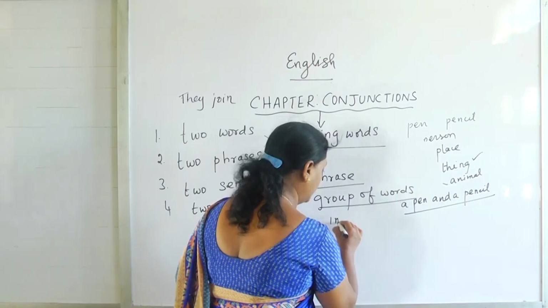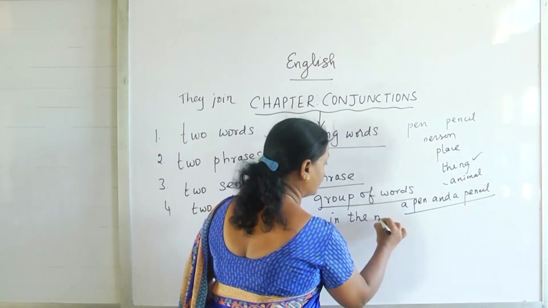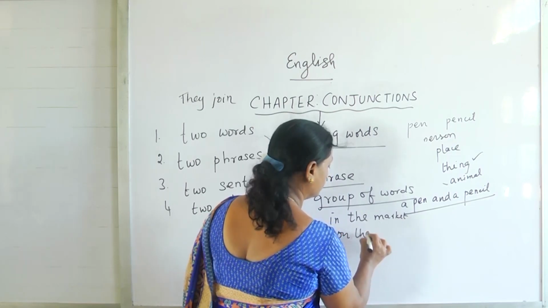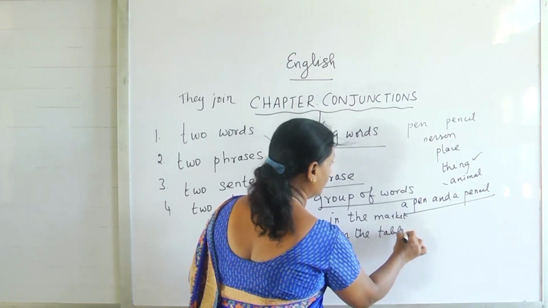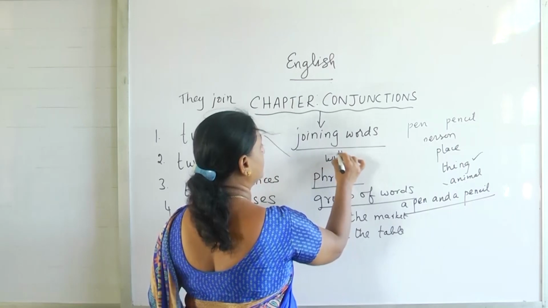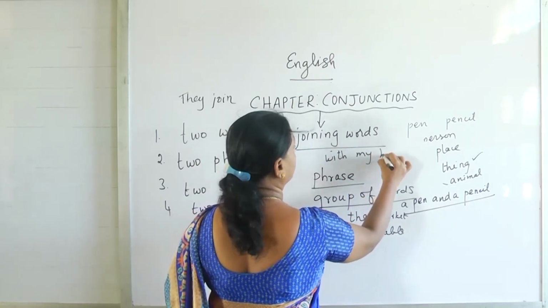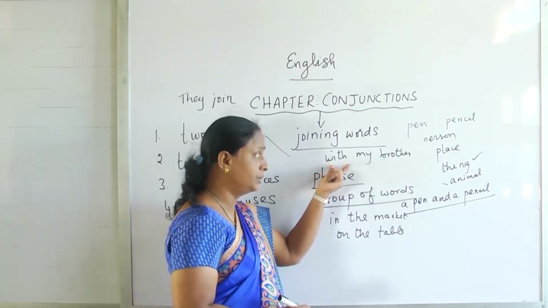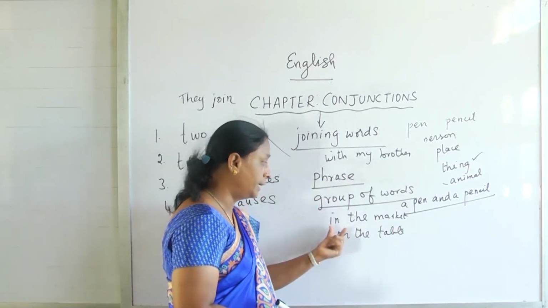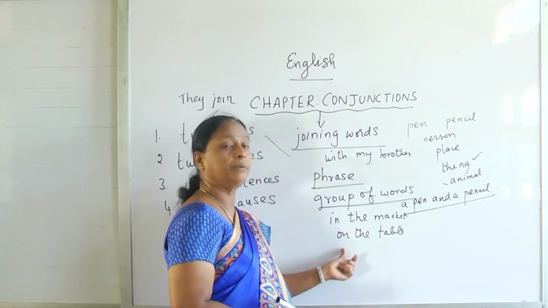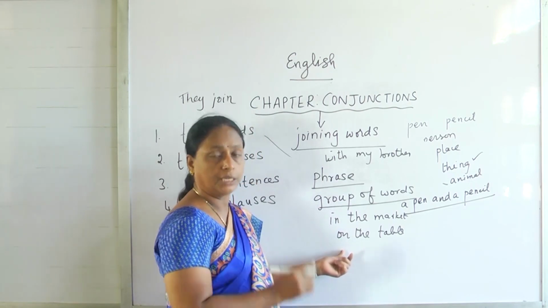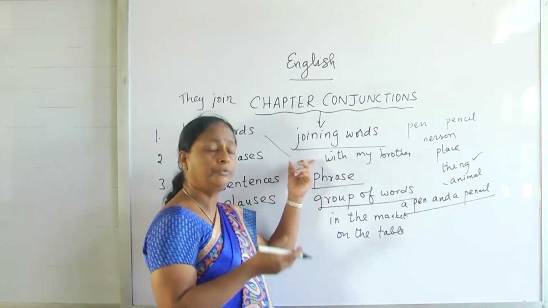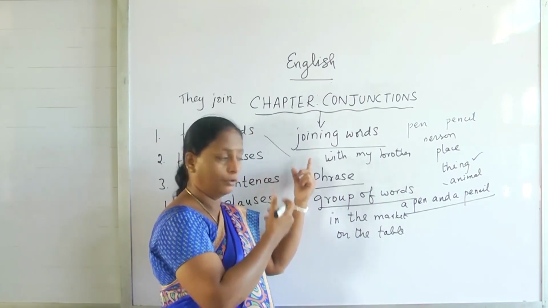Next, I can say in the market, on the table, with my brother. Look at these words: with my brother, in the market, on the table. Do they give a complete meaning? What did you do with your brother? We don't know.